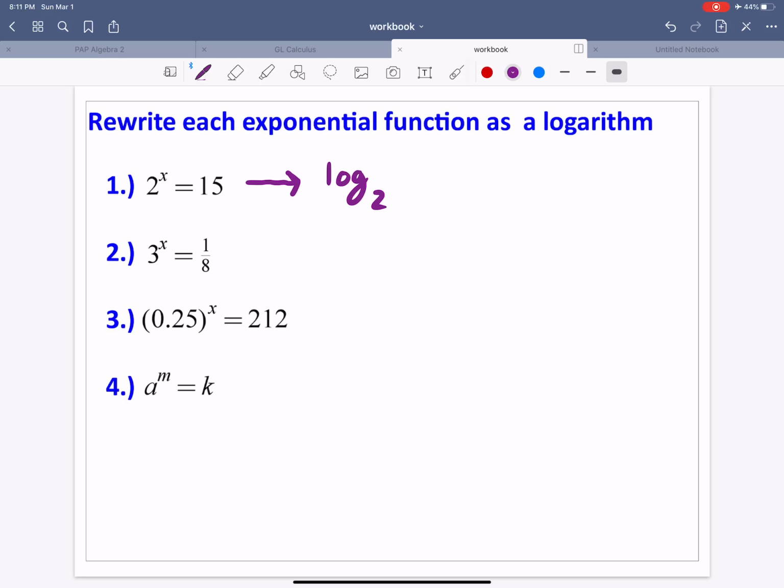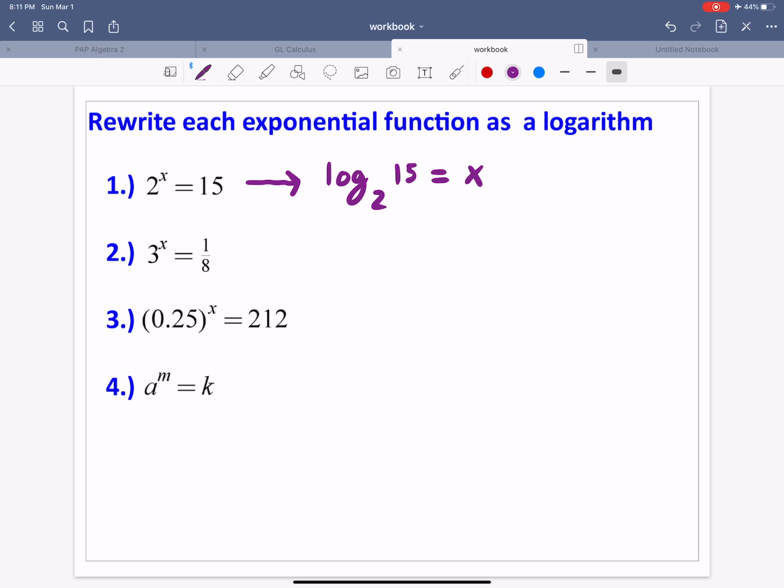Then I've got to figure out where to put x and 15. The way I remember it is that it equals x because it equals the exponent, and the 15 goes right here. So log base 2 of 15 equals x.